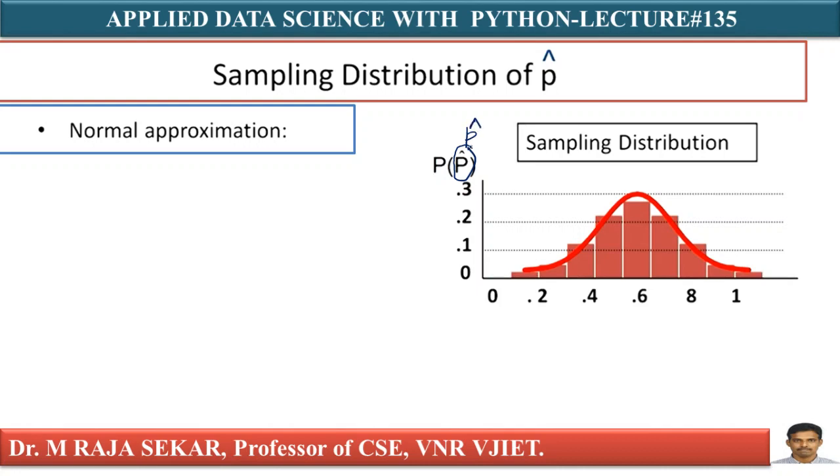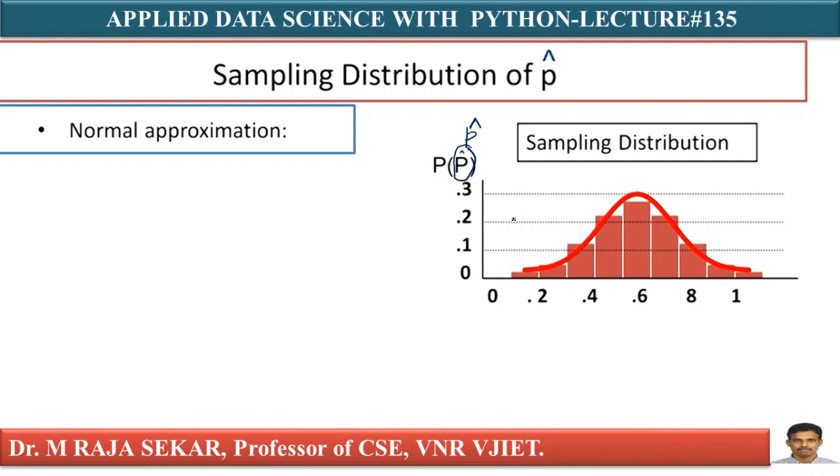This is small p cap. The probability of p cap means the sample proportion probability. If you construct this graph of sampling proportions, you will get a normal distribution curve.